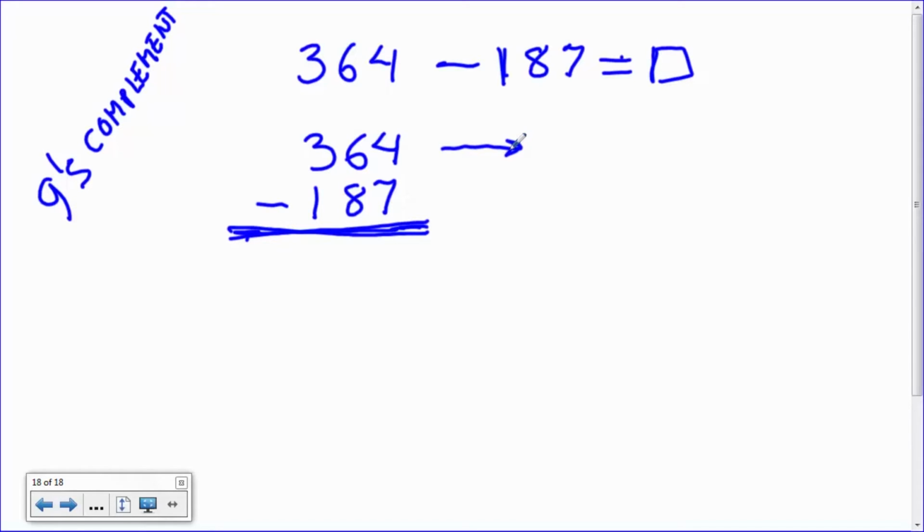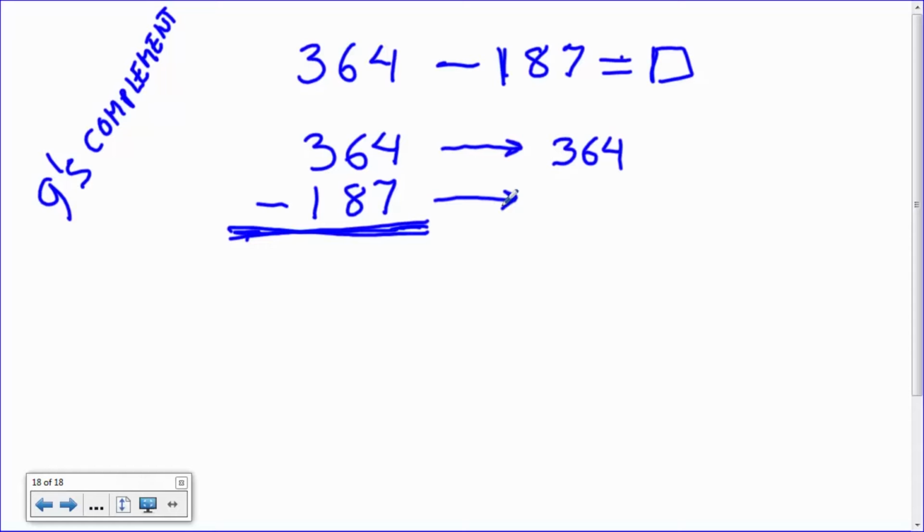We are going to take the minuend and copy it down again, 364. Now, I'm going to modify the subtrahend, and here's how I'm going to modify the subtrahend. And here's why we get the name 9's complement. What I'm going to do to each of these three digits that are a subtrahend, I'm going to find out what their complement is with respect to 9.